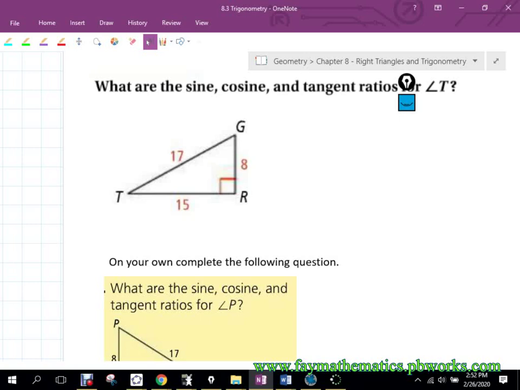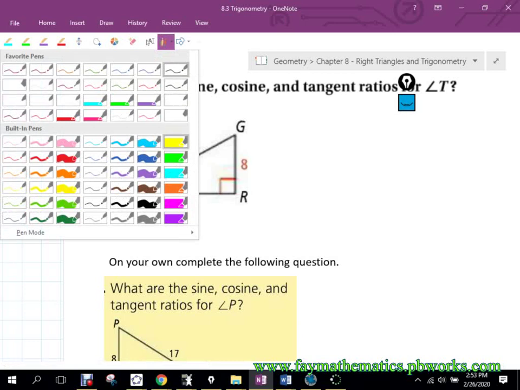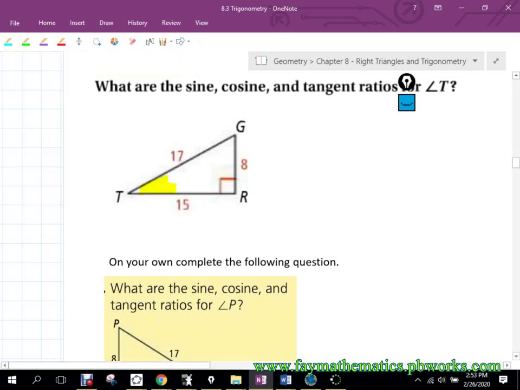The first handful of questions that they're going to ask you, they're going to give you one triangle with all 3 segments, and they're going to say, look at this angle T, and just write what the sine, the cosine, and the tangent are for that angle.